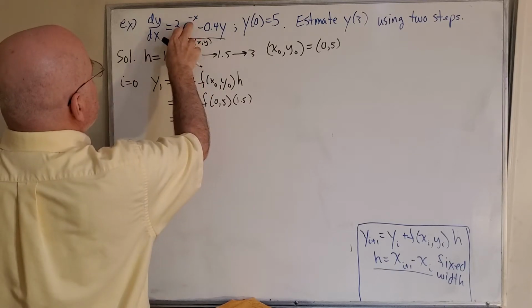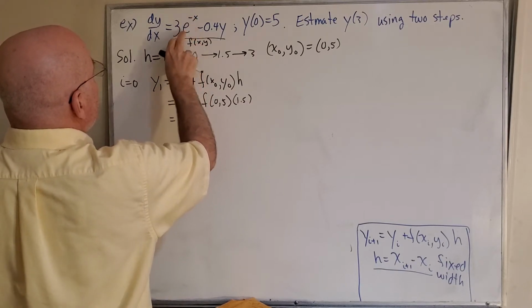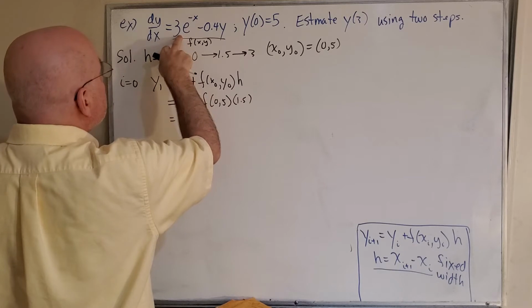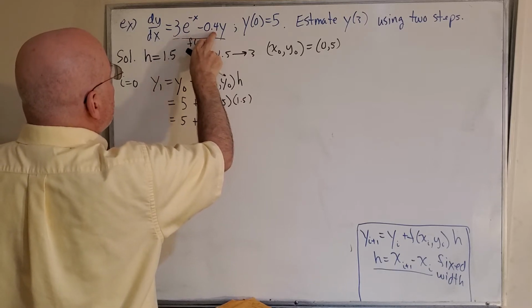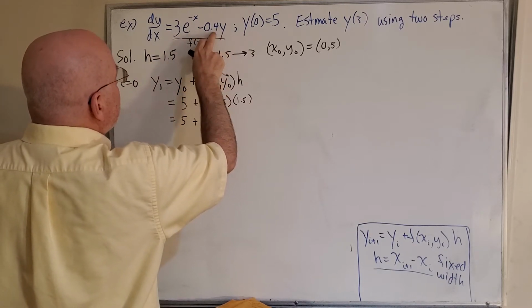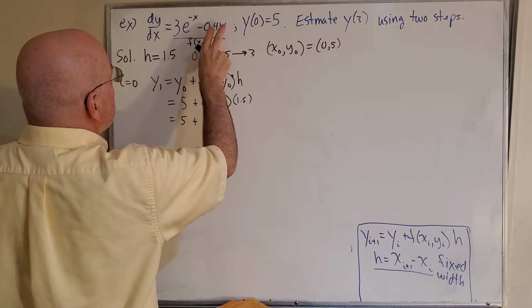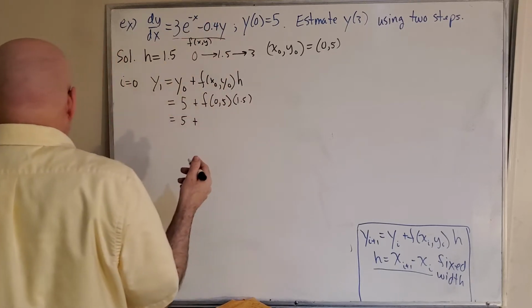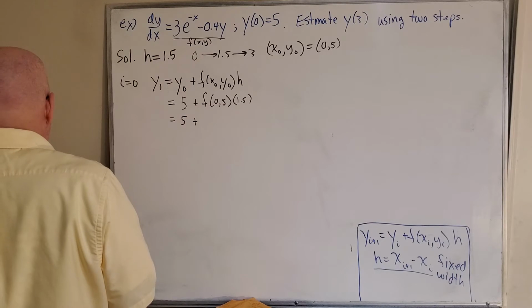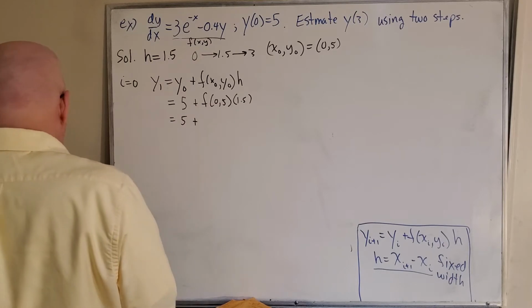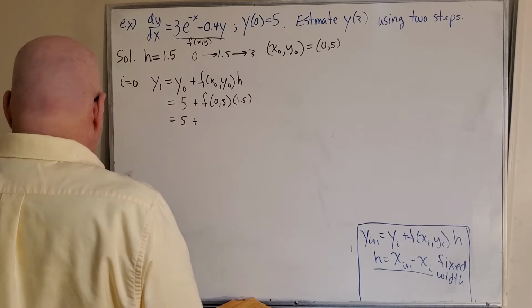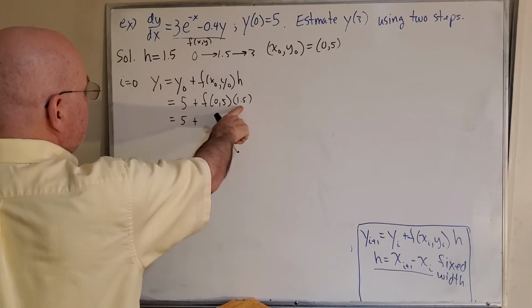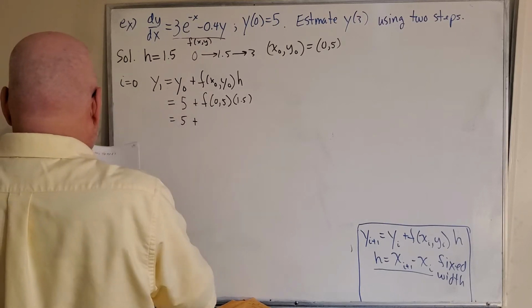So x is a 0. e to the 0 is a 1, so that gives us a 3 minus 0.4 times 5. 0.4 times 5 is a 2. So we're getting 3 minus 2, which is equal to 1. My bad, I didn't multiply by 1.5.